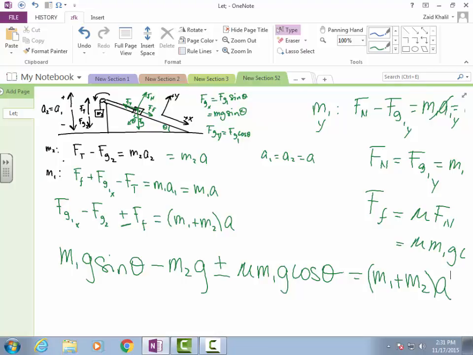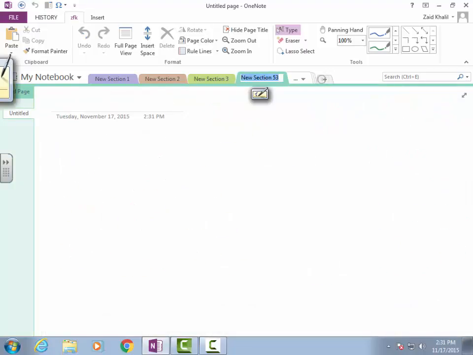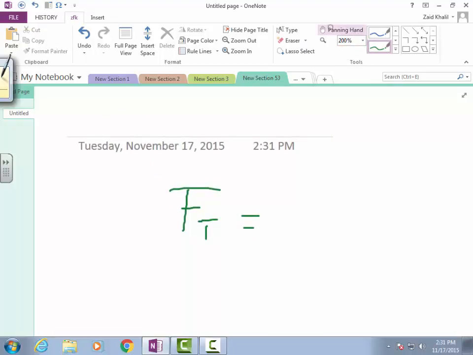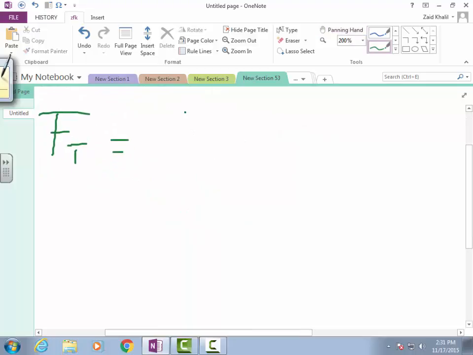m1 plus m2. Do we have cancellation? You bet we do. What cancels? Boom. That's what we get. That's the cancellation we get. So now, we have Ft is equal to, what does it equal?